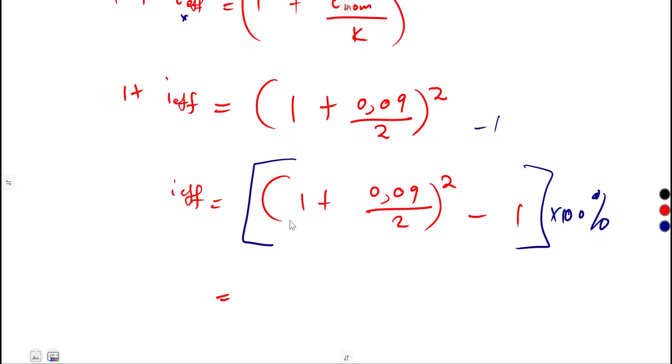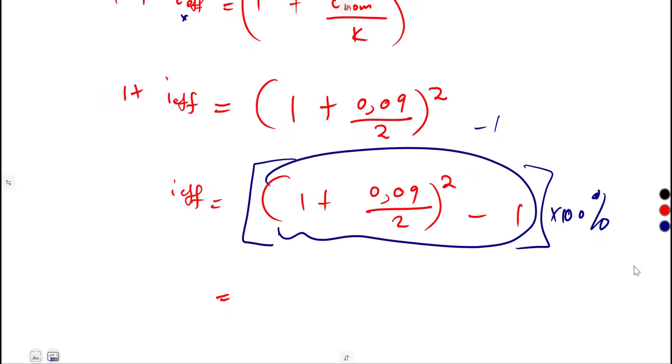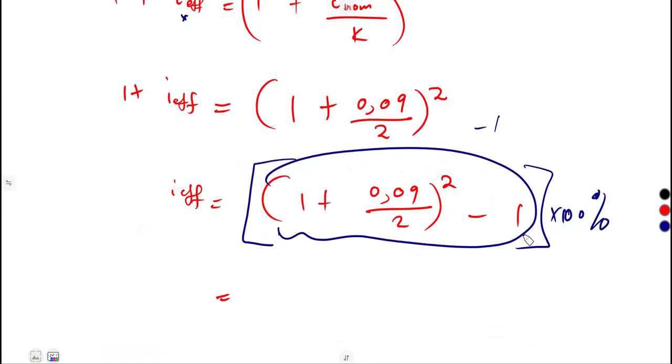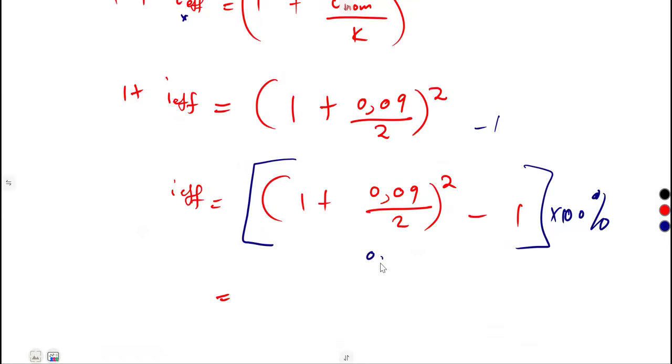All right. So using your calculator, this part here in this bracket was going to give us something like 0,09202, something like that. So multiply by 100%. That was going to be 9,202, 2 decimal places.